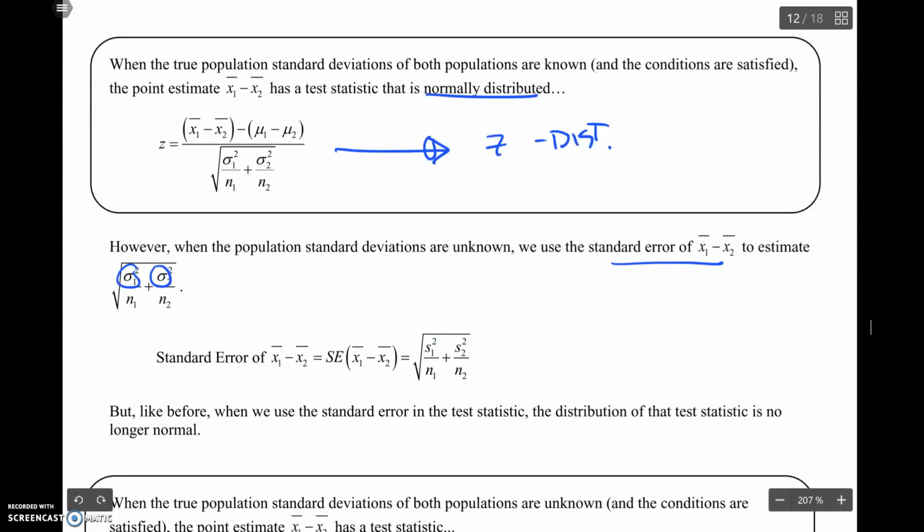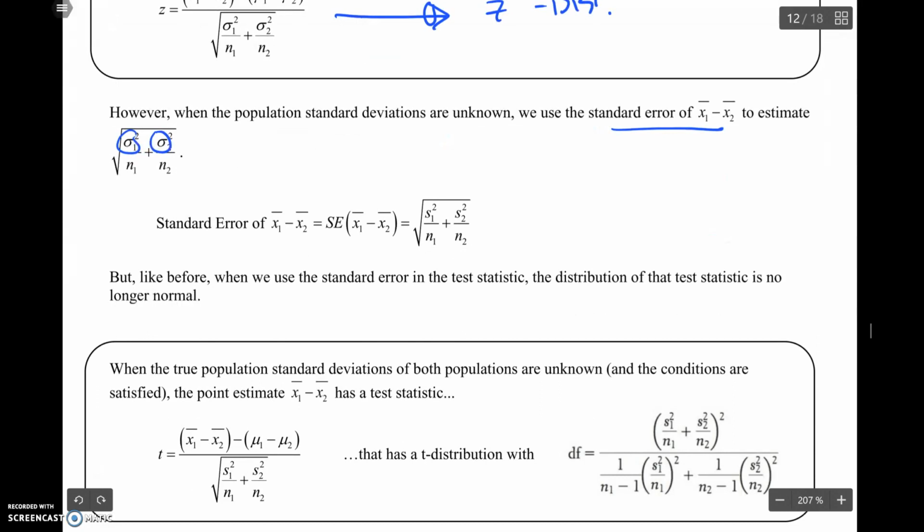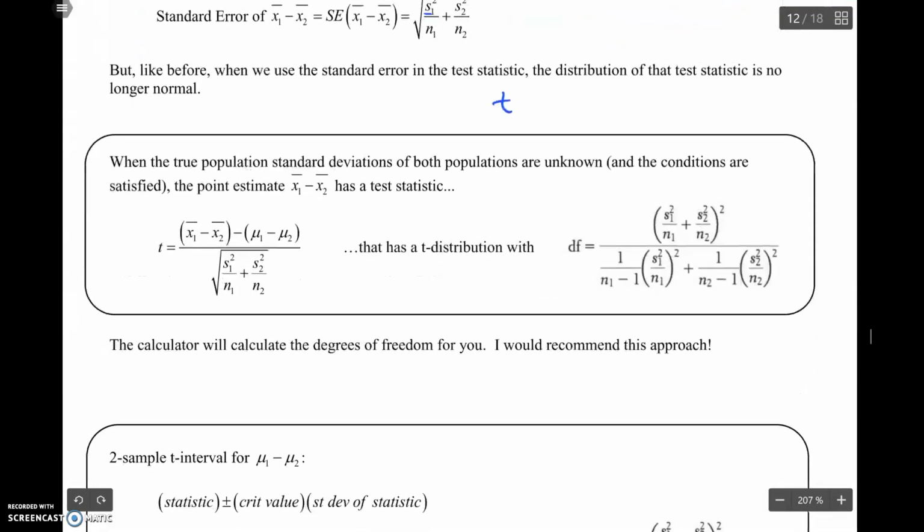And when we do that, if you recall, these introduce some extra error in the values of our test statistic. So that extra error needs to be accounted for by the student's t, that t distribution made by Gossett.